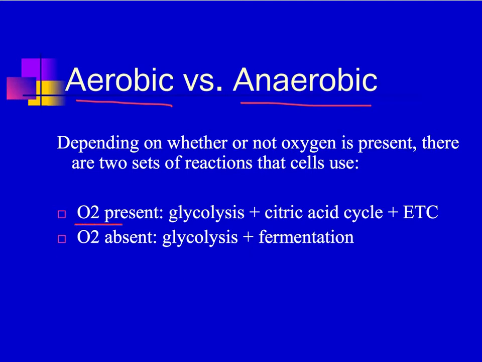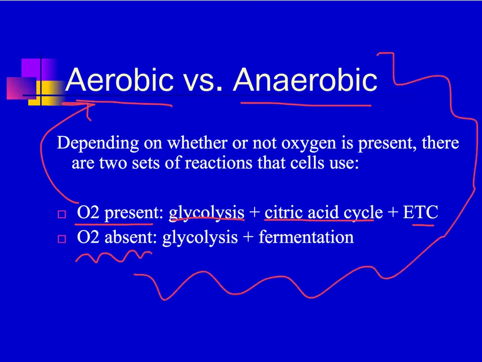When it is present, that's aerobic, and that would be glycolysis, citric acid cycle, and the electron transport chain. When there is no oxygen, that's anaerobic, and that would be glycolysis and fermentation. So instead of going here, it will go to fermentation instead.